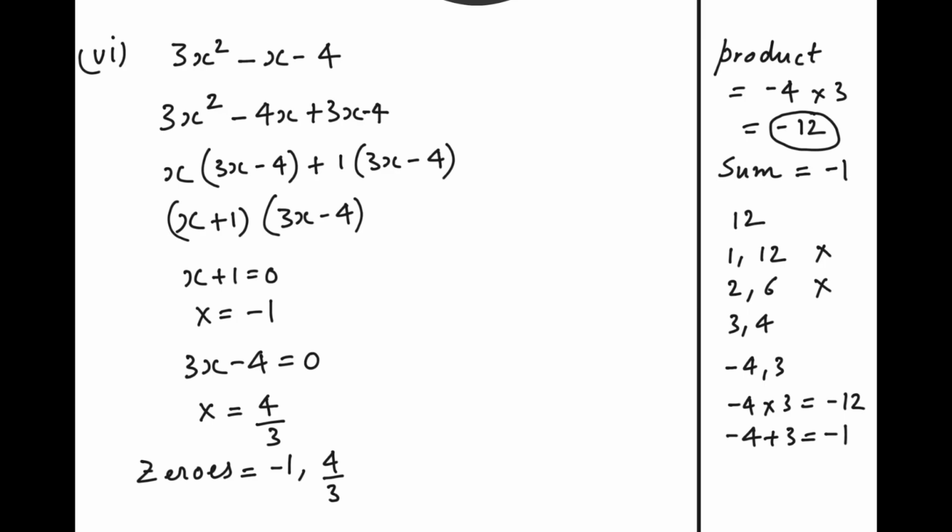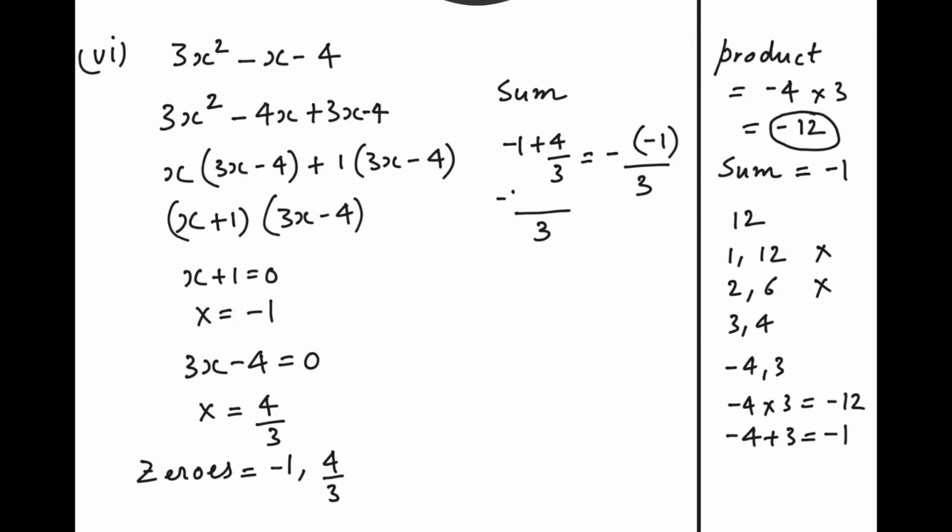Now let's verify the relationship between the zeros and the coefficients. So again, let's first verify the sum. So the sum is minus 1 plus 4 by 3 should be equal to minus the coefficient of the middle term divided by the coefficient of x square. So minus, and the coefficient of middle term is minus 1, and the coefficient of x square is 3. So now here if we take the LCM on the left hand side, 1 into 3 is 3, so we'll multiply minus 1 with 3 as well.